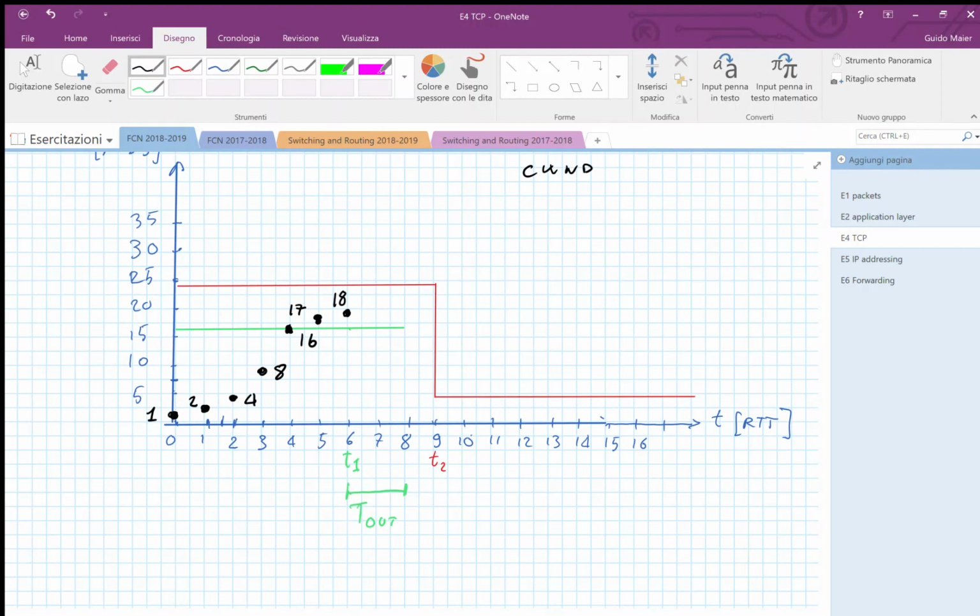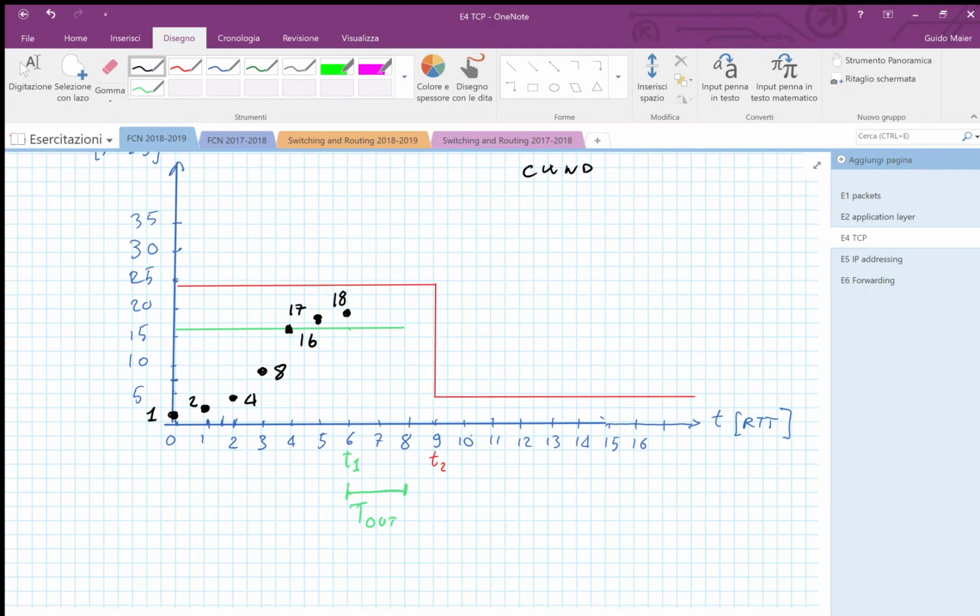And what happens? The slow start threshold is set to a value equal to flight size divided by 2, in case flight size divided by 2 is larger than 2, otherwise it gets 2. In this case, flight size is exactly given by the number of packets that were sent and were not received because they all got lost. So it's 18.